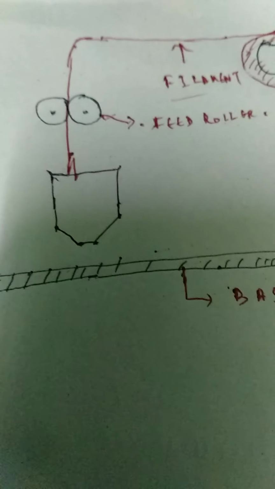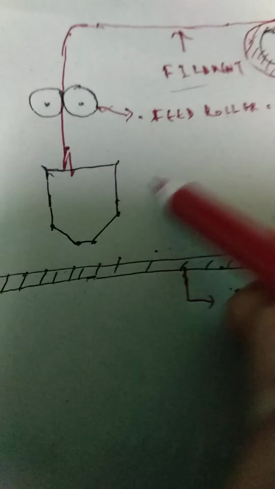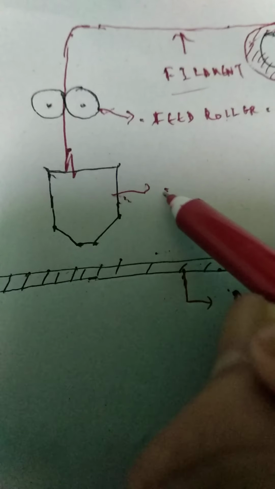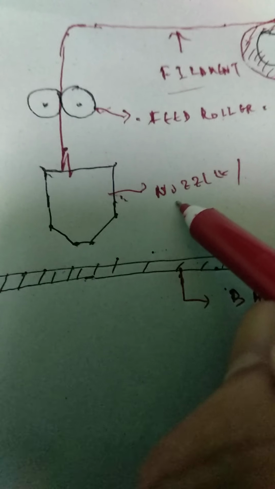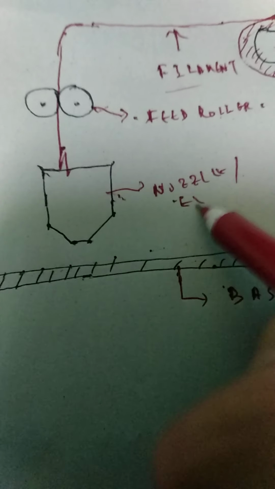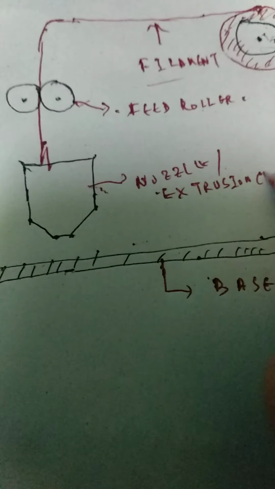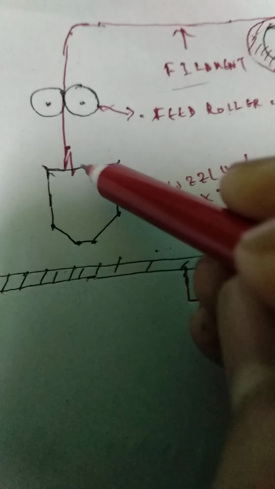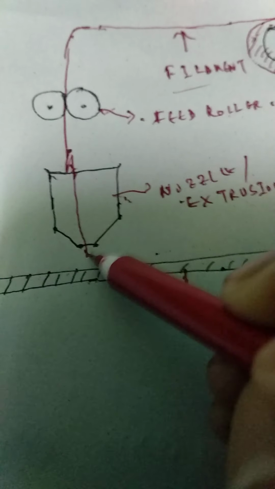And this can be said to be the nozzle. Also you can say it to be the extrusion chamber, because here the material is converted into a semi-liquid phase.